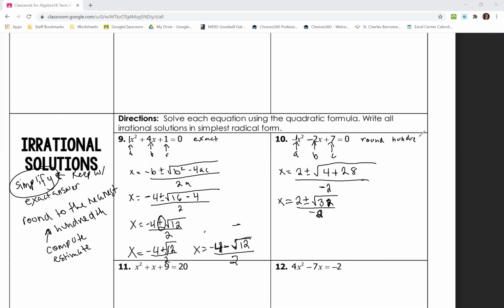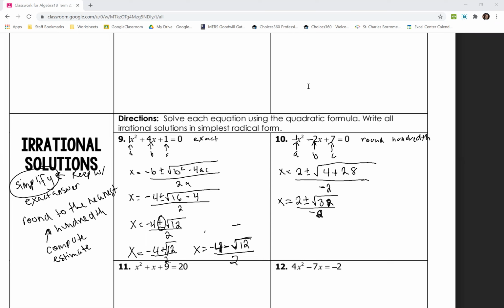What we're going to have to do is use our calculator. So I've got to figure out what is the square root of 32. I write 32 and then click that square root button. All right, so I've got 5.6568.